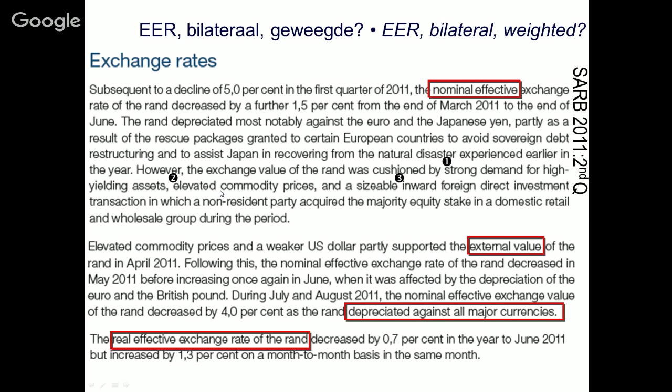Then secondly, and this we see all over the show, elevated commodity prices. Commodity prices were increasing at that point, so that's a positive factor for the value of the rand. And a sizable inward foreign direct investment transaction in which a non-resident party acquired a majority equity stake in a domestic retail and wholesale group during that period.